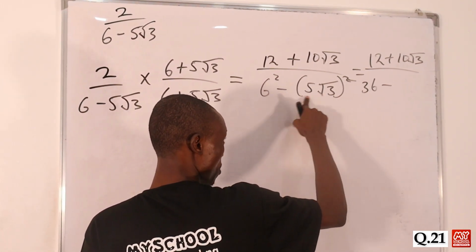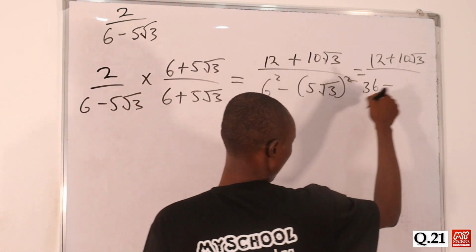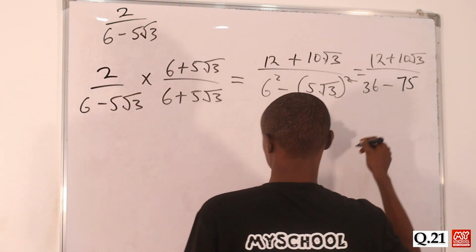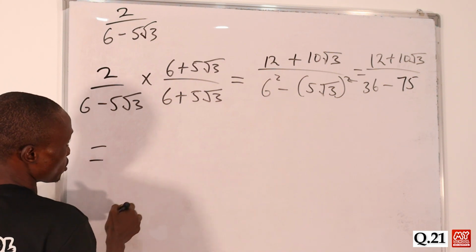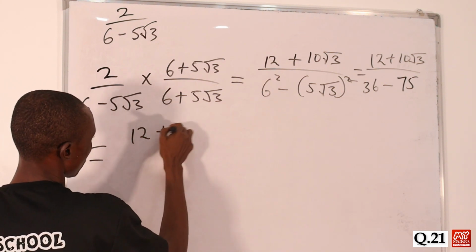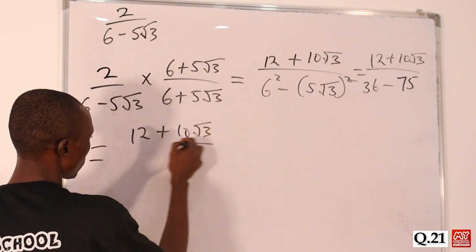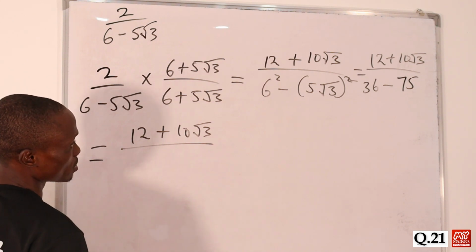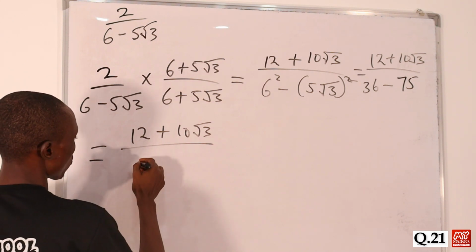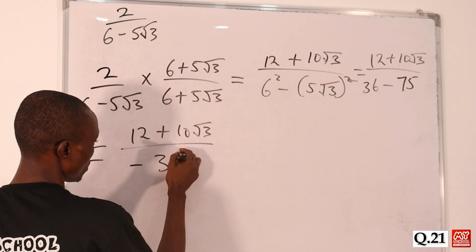So we'll be having 25 times 3, and that will be 75. Okay, so let's continue from here. So here we'll be having 12 plus 10 root 3 all over 36 minus 75, that will be equals to minus 39, right?